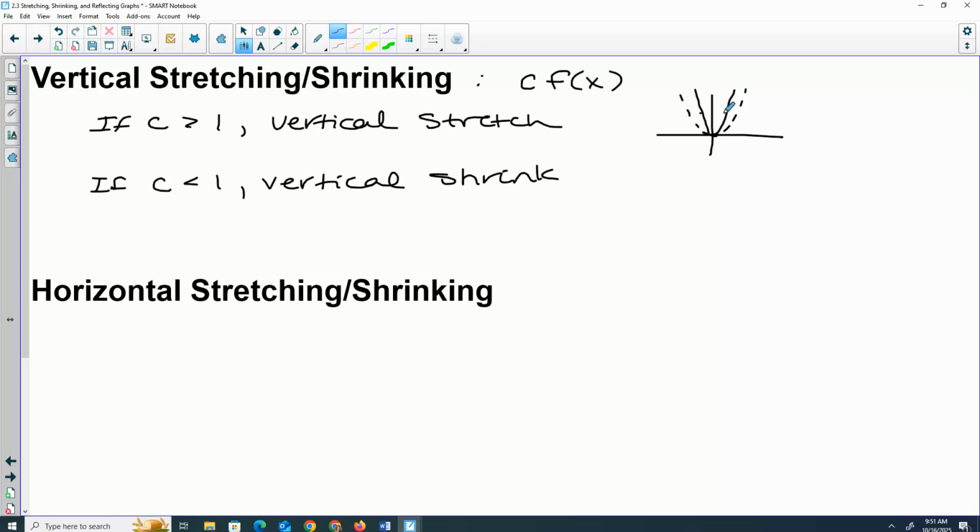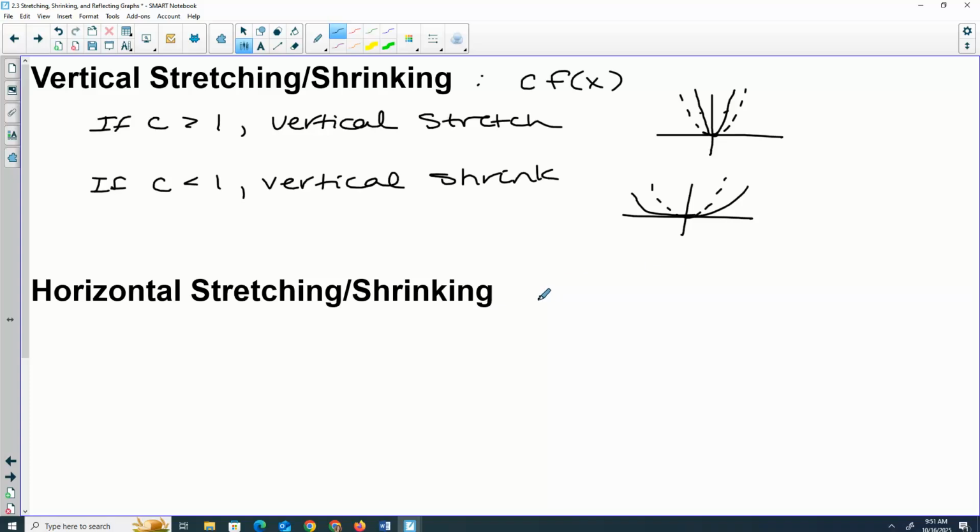So a vertical stretch is making your height get taller, so it gets skinnier when you do that. A shrink, if it's something smaller, so it would be like saying I'm going to take my height times a half, so it's going to make it get shorter and fatter. Okay, so shrink gets shorter and fatter, stretch gets tall and skinny.